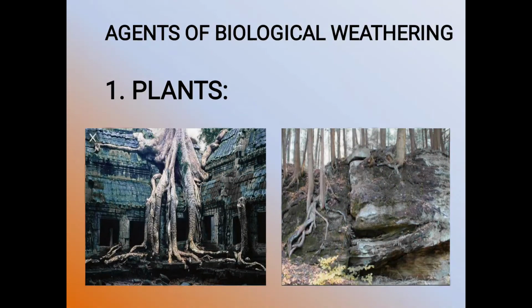The injudicious removal of vegetation by man is a major cause of soil erosion. Because of uncontrolled deforestation throughout the world, the removal of vegetation cover takes place, and because of this, erosion occurs and hence weathering also increases.